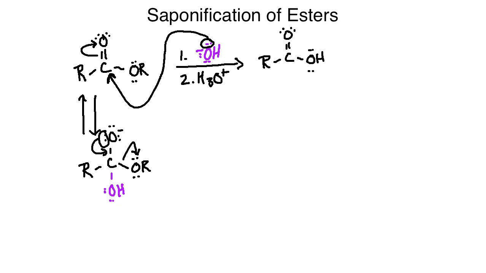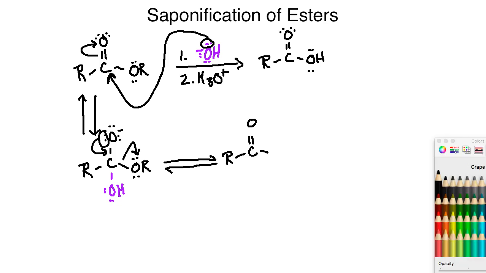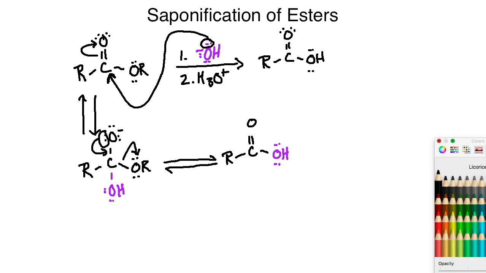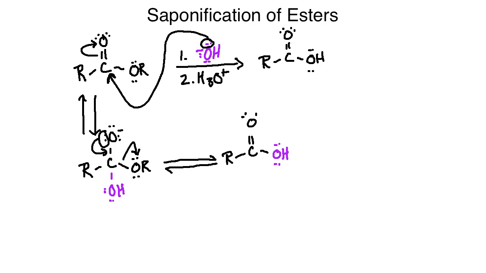So once you are able to do this in this reversibility step, you then have R, C double bond O, and then you have OH. Now, the OH came from the base. So a lot of students stop here and think, oh, I've got my carboxylic acid. Why did I need the acid in step 2? Well, the reason you need to have acid sitting around is to think about what group just left, or if you're using excess hydroxide, which is typical here, what's going to happen with hydroxide and OH?